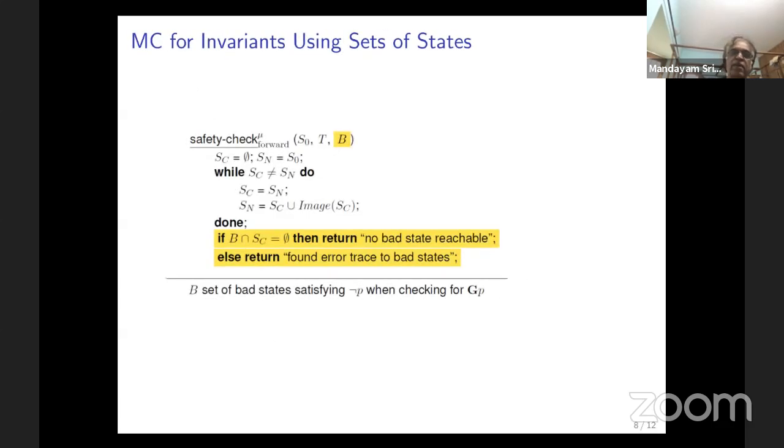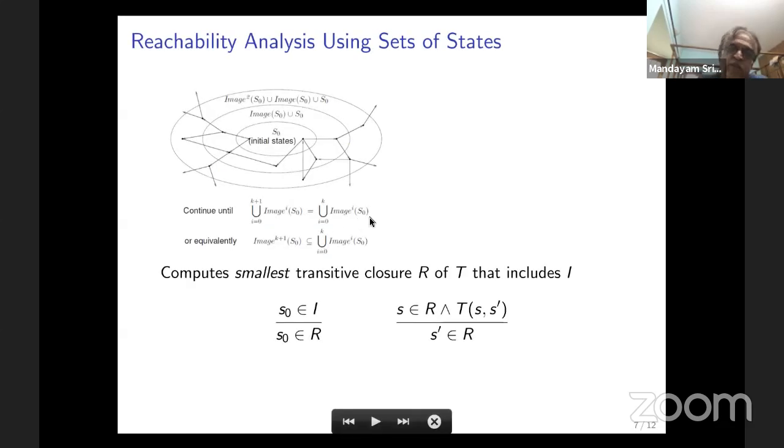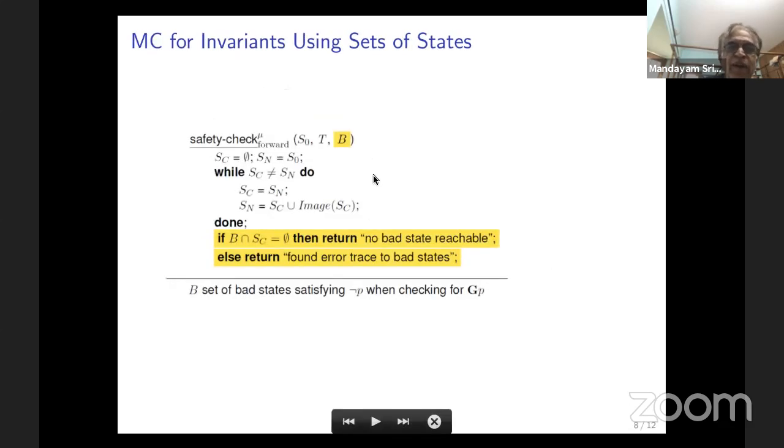So here is a very simple thing. This only says collecting all the reachable states. If you are interested in proving the simplest of temporal logic properties, remember that we had classified our properties as safety properties and liveness properties.